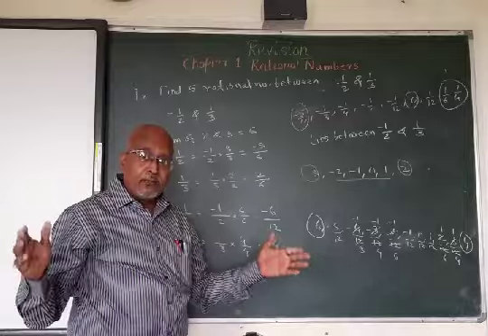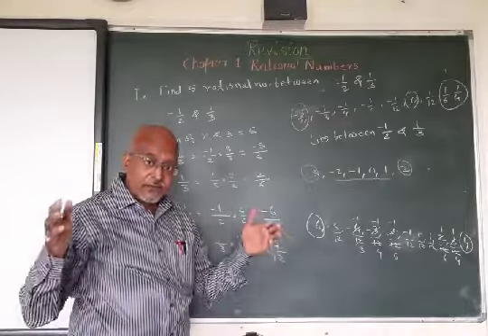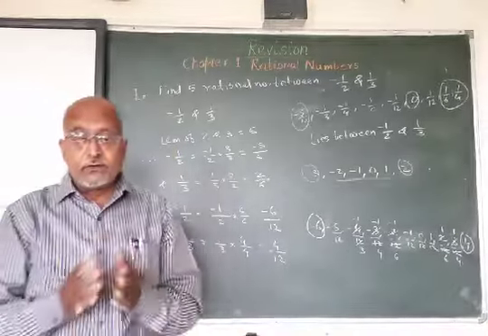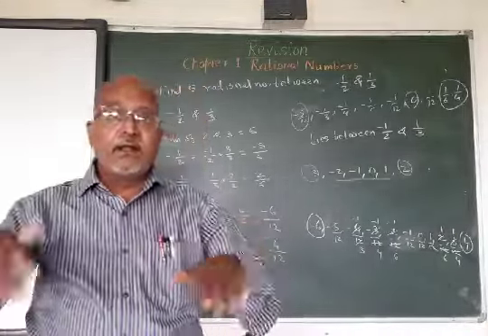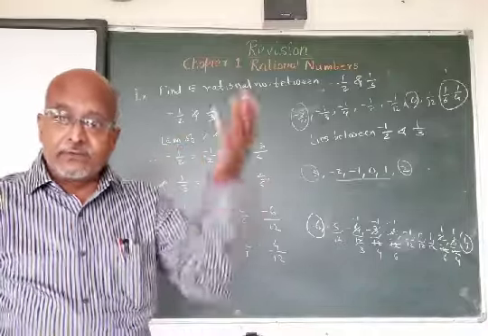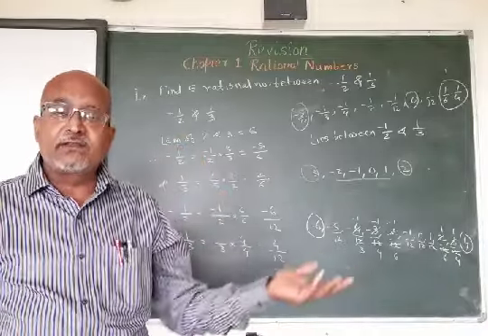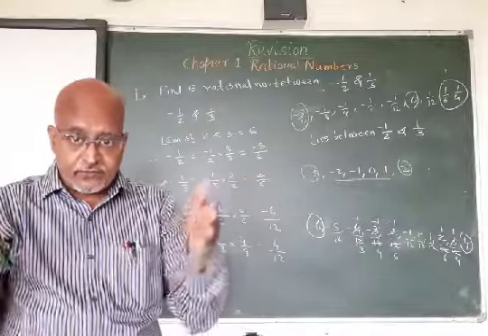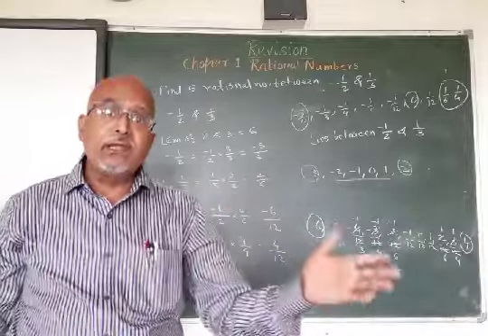You get more and more rational numbers between those two numbers. Got it clear? So that expansion, it depends. If you multiply numerator and denominator by 10 lakh, obviously the range of rational numbers lying between those two rational numbers will go on increasing.